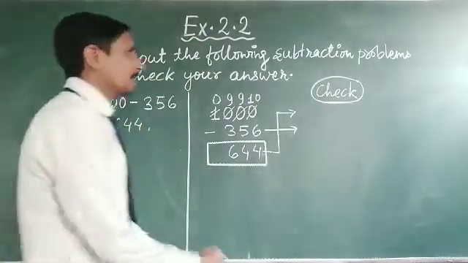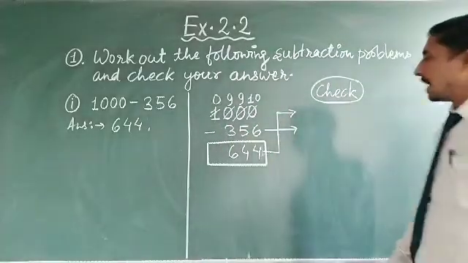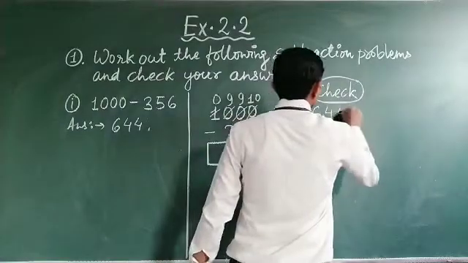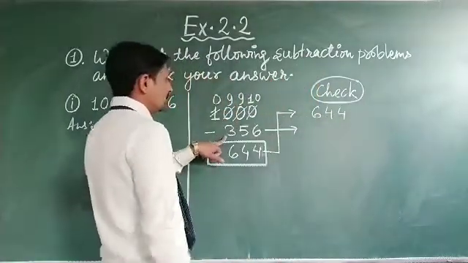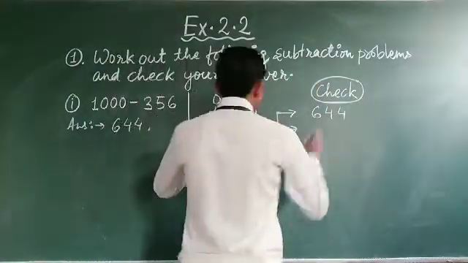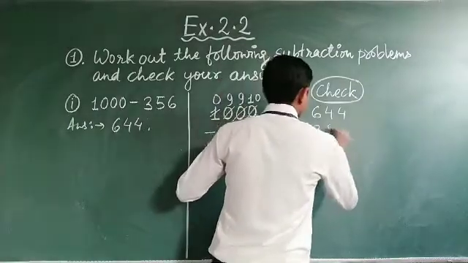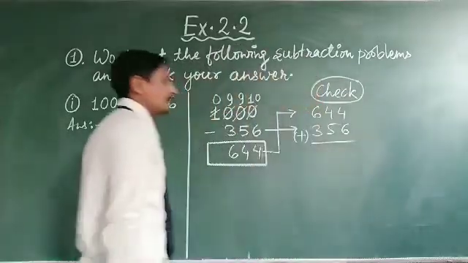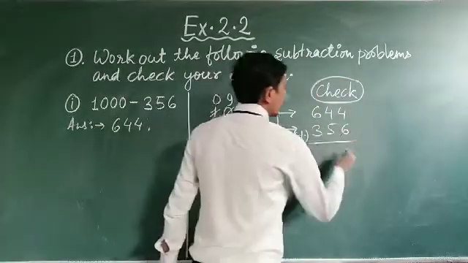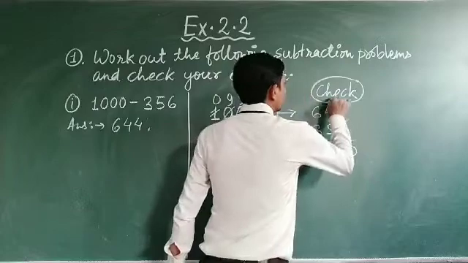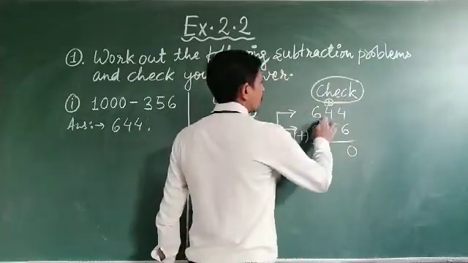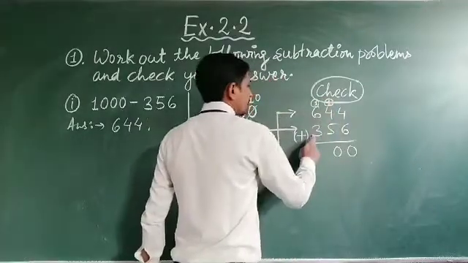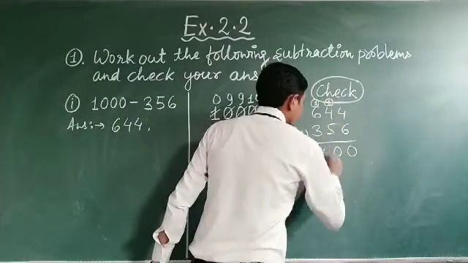Now we have to check whether the answer is right or wrong. We write the answer first, that is 644, and below it we write the number 356, and we add both numbers. 6 plus 4 is 10, 1 is carried. 5 plus 4 is 9, plus 1 is 10, again 1 is carried, and 6 plus 3 is 9, plus 1 is 10.